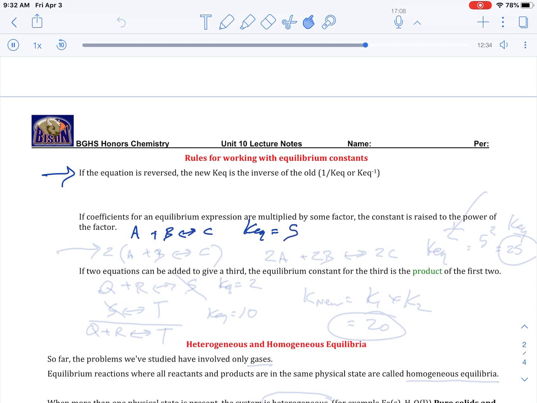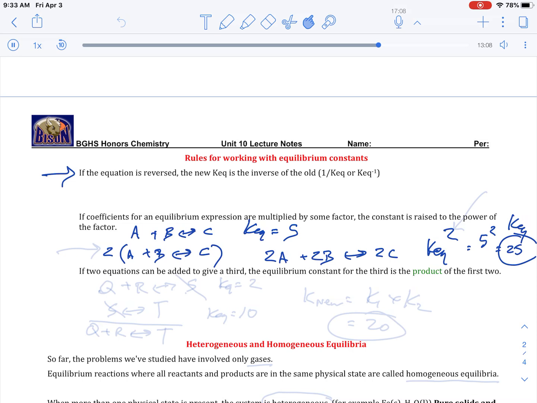Well, if I multiply this entire equation by some factor, let's say I double everything, so 2 times the reaction, that means the reaction is going to be written as 2A plus 2B to form 2C. The KEQ is going to be raised to the factor of 2. So therefore, 5 squared, 25. 25 is the new KEQ.